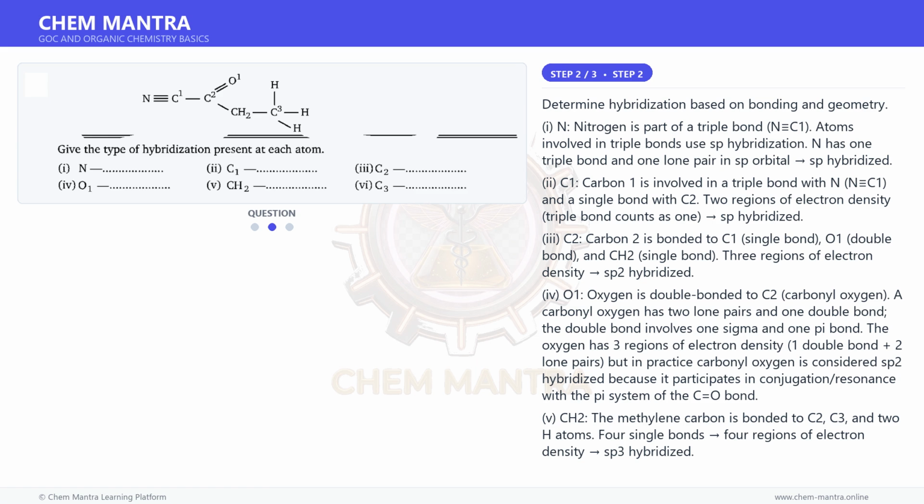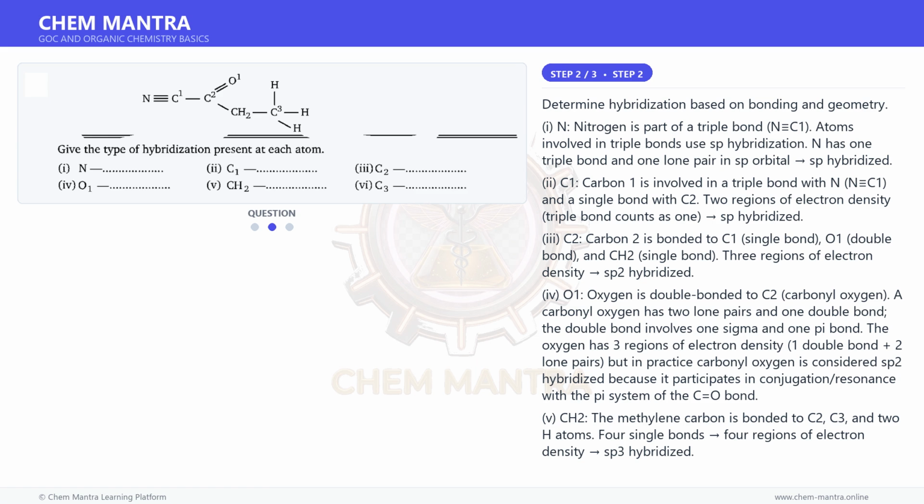The double bond involves 1 sigma and 1 pi bond. The oxygen has 3 regions of electron density, 1 double bond plus 2 lone pairs, but in practice carbonyl oxygen is considered sp2 hybridized because it participates in conjugation and resonance with the pi system of the C=O bond.